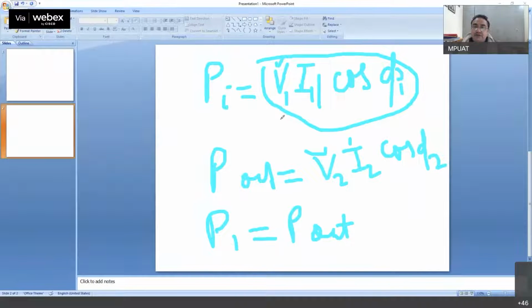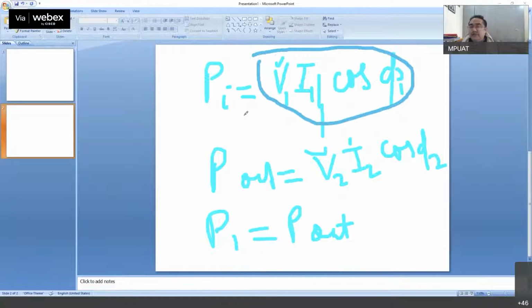If on the input side you increase the voltage, your current will decrease, because ultimately you have to keep these two constant. On the output side, if V2 decreases, then I2 will increase. So that is why on one side of the transformer you have an increasing voltage level but lower current, and on the other side a decreasing voltage level but higher current. So you got my point why this happens.